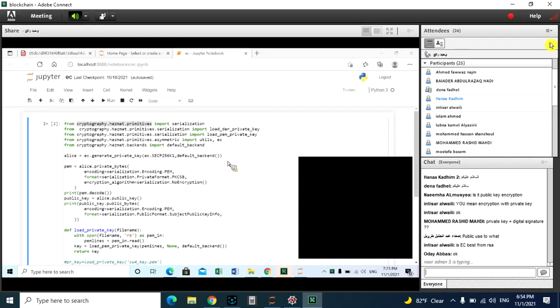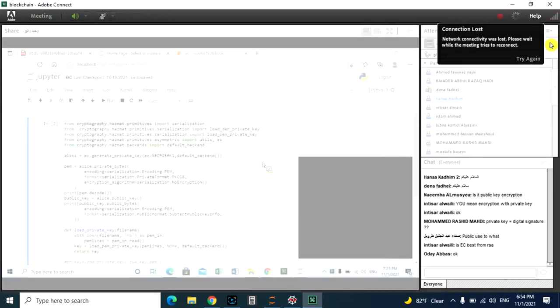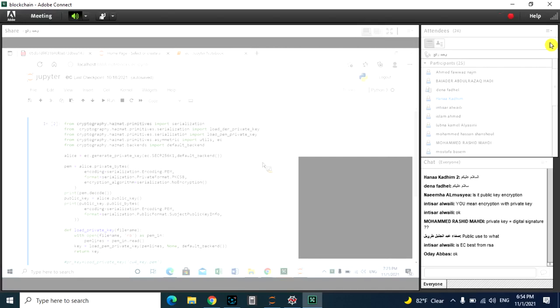This library contains the necessary functions for the algorithmic problem.